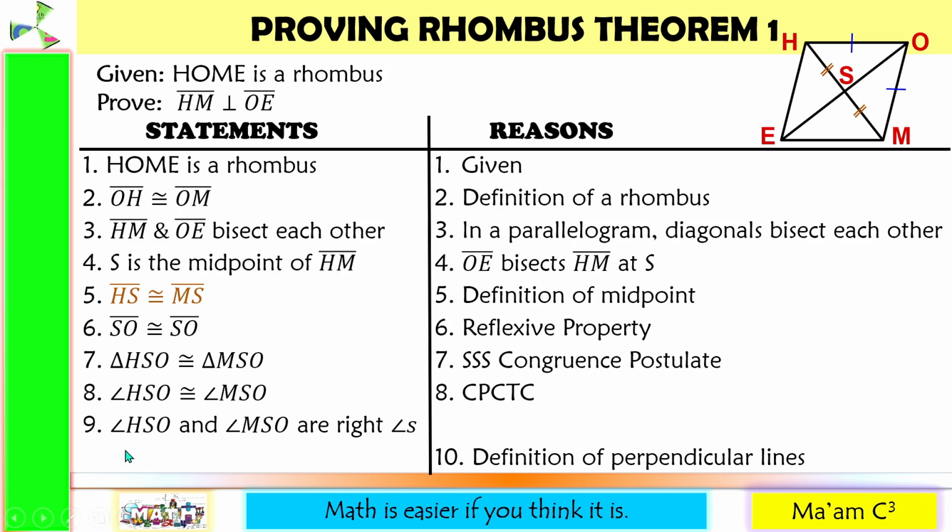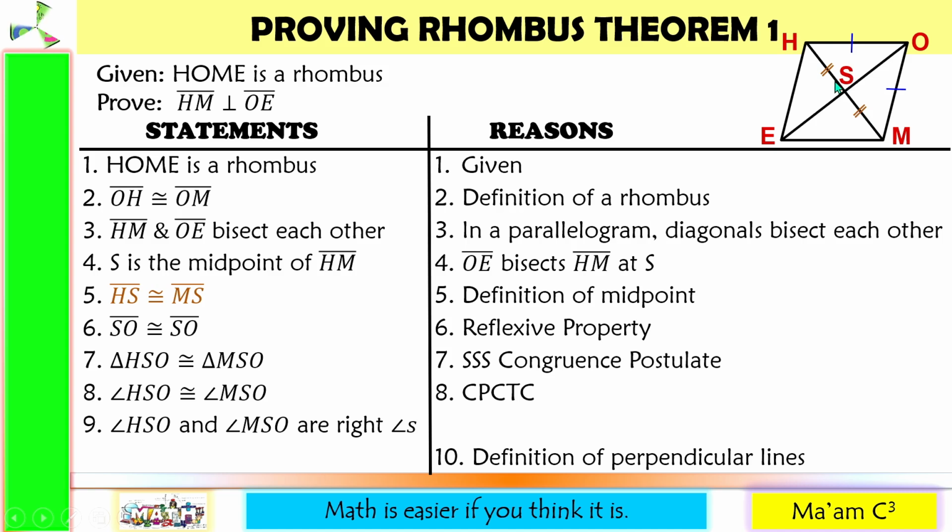Next statement. Angle HSO, again this one, and angle MSO, this one, are right angles. So how come they are right angles? Because they form a line, meaning they are linear pair. And if they are linear pair, we all know straight line produces 180 degrees.